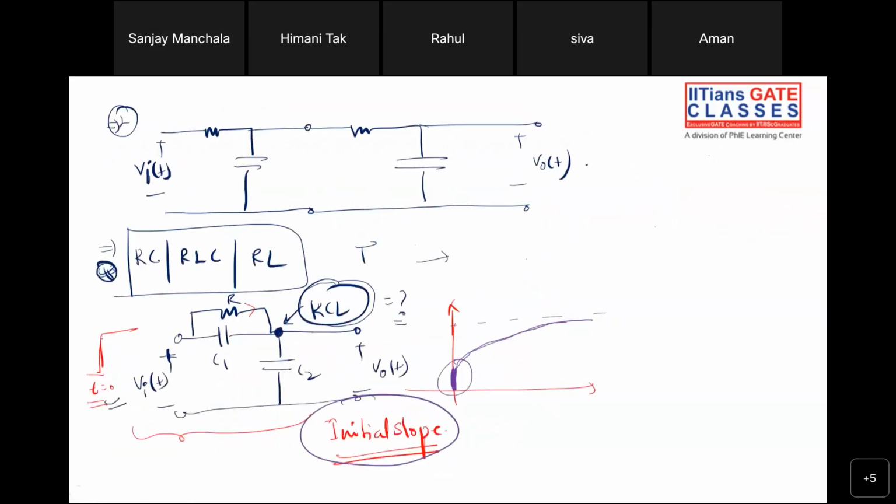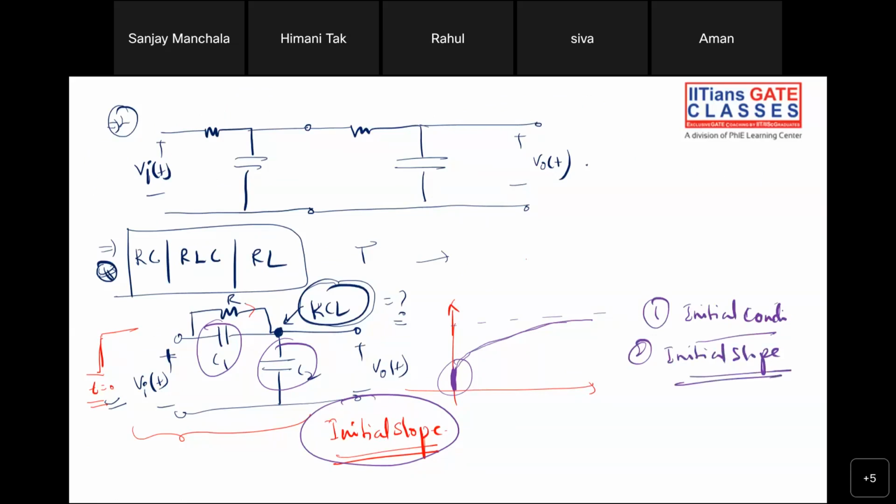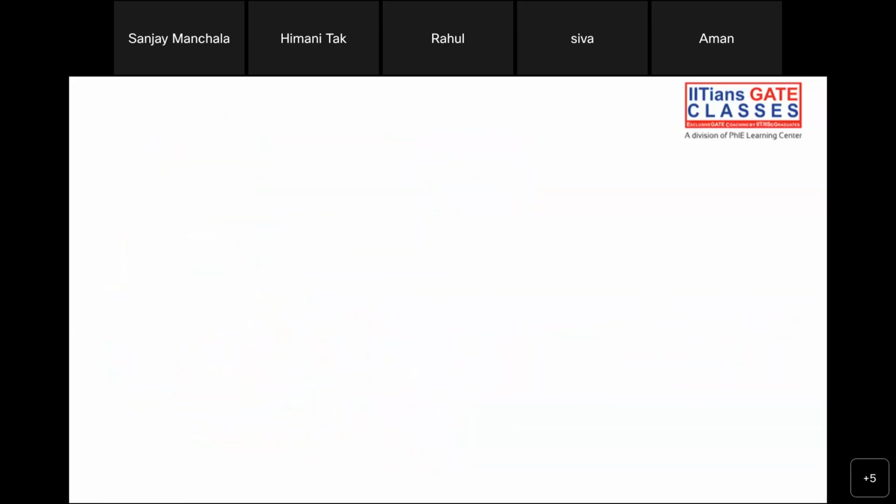They will ask whether you can find the initial condition, so note down the initial conditions, I mean the initial voltage on this capacitor, and they might ask the initial slope.